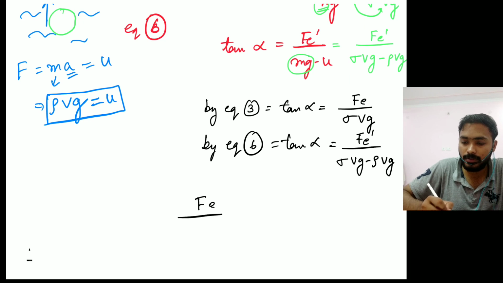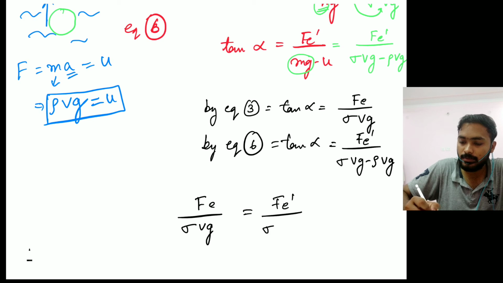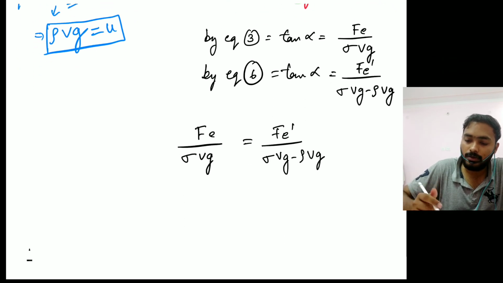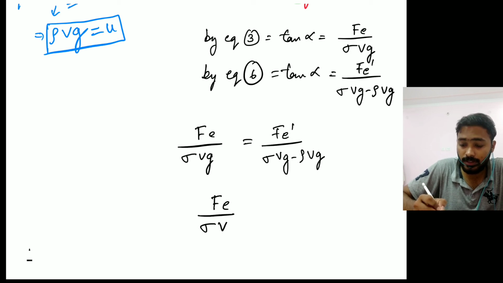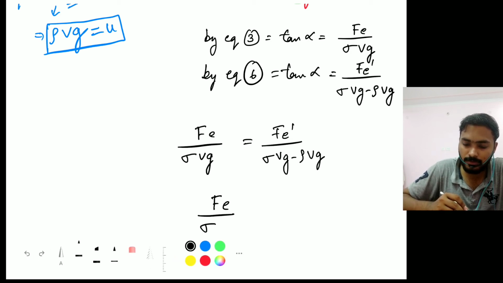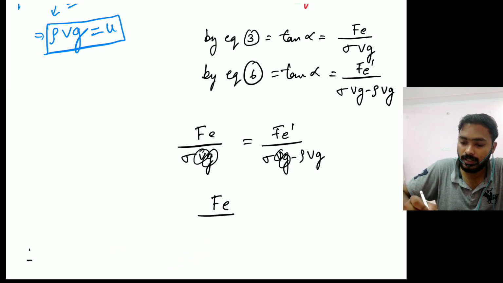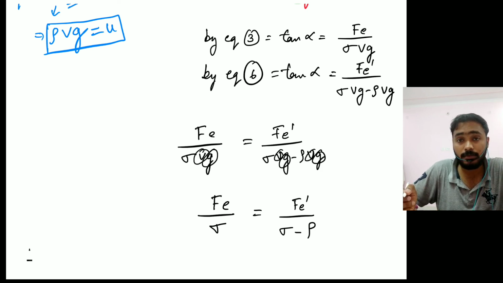You will get Fe upon sigma Vg is equal to Fe dash upon sigma Vg minus rho Vg. So g and V will cancel out, and you'll get Fe upon sigma is equal to Fe dash upon sigma minus rho, right? I hope that's understandable.